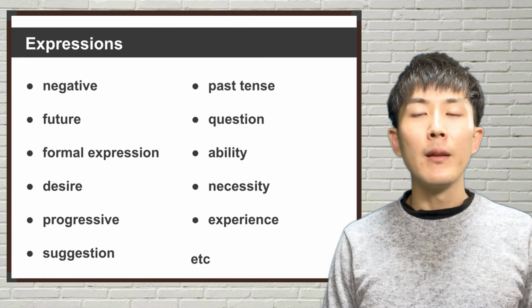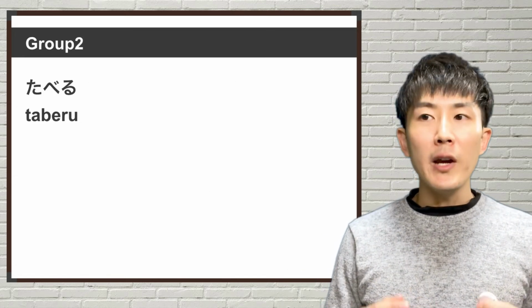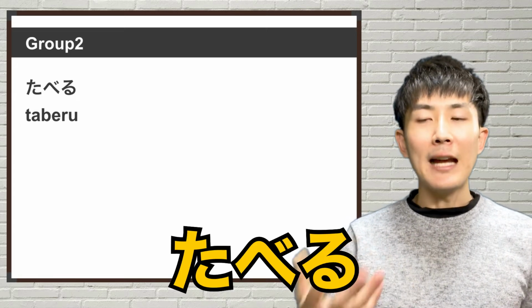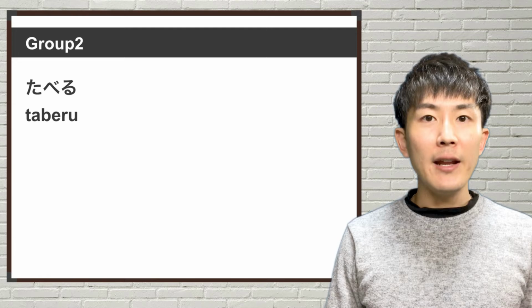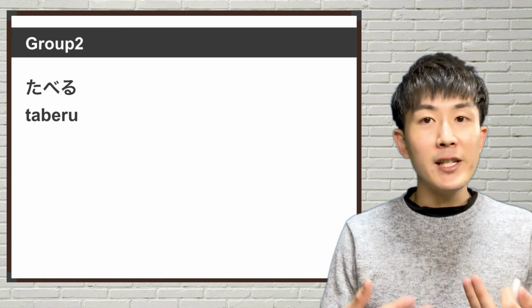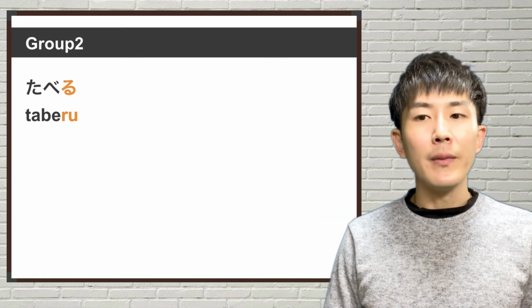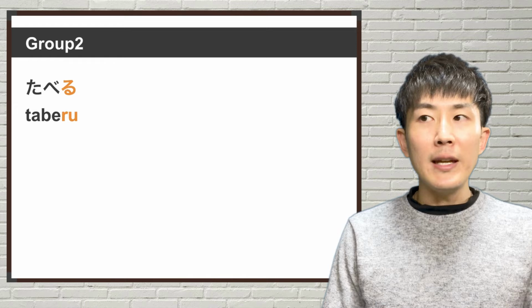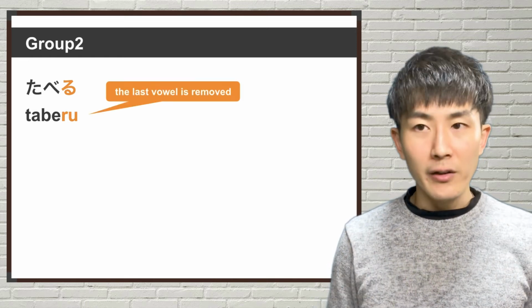Okay. Group 2. Group 2 has a much easier conjugation system. Taberu, which means eat, and it belongs to Group 2. Then the part you have to change in the verb is here, the last letter. The first thing you have to do is to remove the last letter.